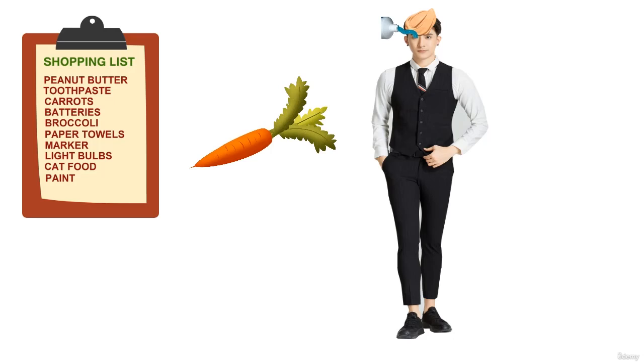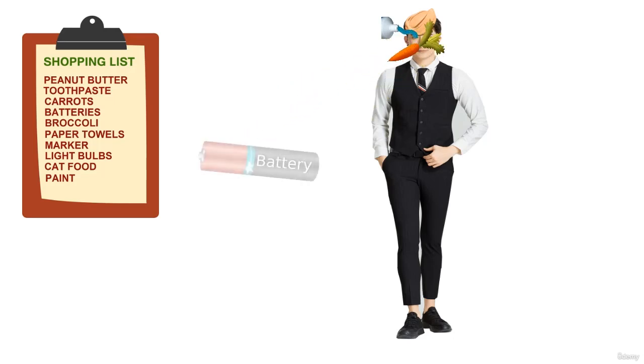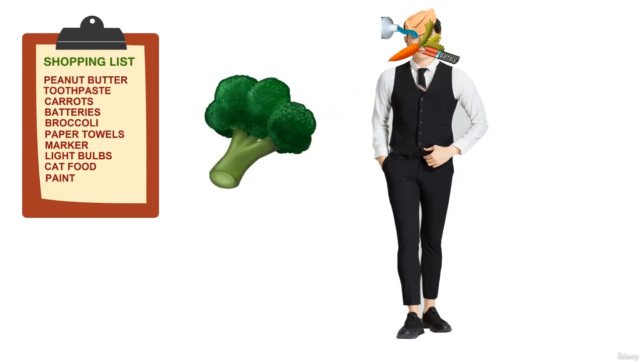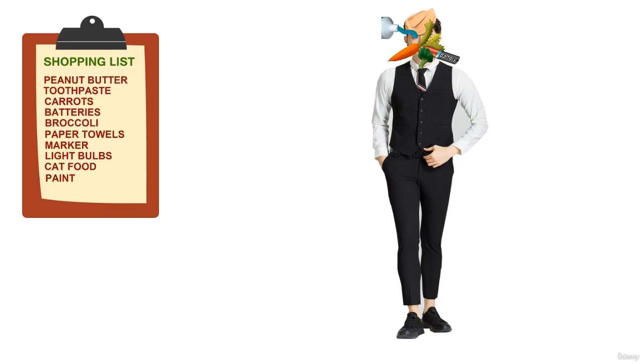3. Nose, carrots. My nose is shaped like a carrot. 4. Mouth, batteries. There is a battery in my mouth. 5. Chin, broccoli. Broccoli grows on my chin. 6. Neck, paper towel. Imagine your neck wrapped in a paper towel. 7.